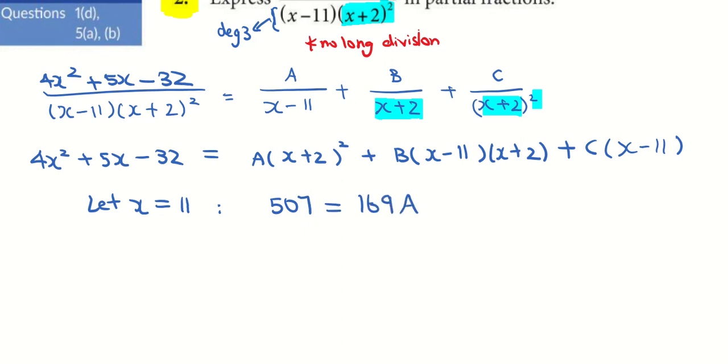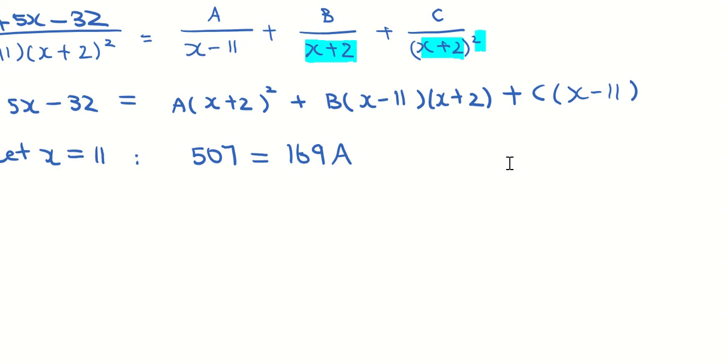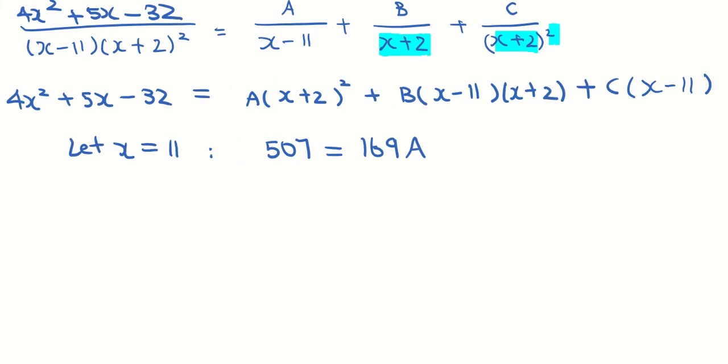You can immediately calculate and write for me this equation. Okay, notice why my B and C are missing. It's because B and C are both multiplied with x minus 11. So if I sub x inside, the factor would be 0.